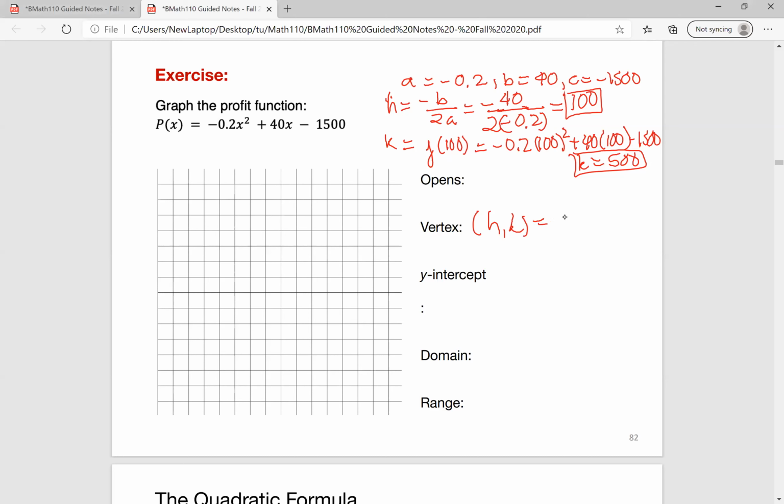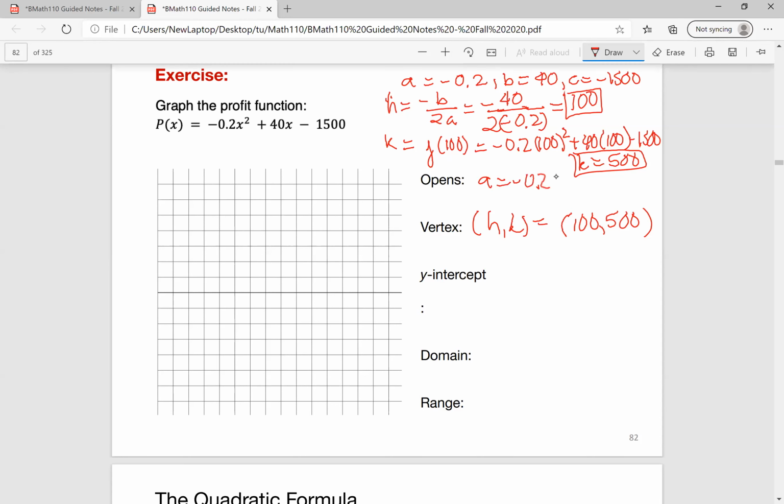Then now vertex, I'm going to have what? H is 100 and K is 500. Okay, so opens, I think this is actually asking you about upward or downward. And remember that A is going to be equal to negative 0.2, which is less than 0.